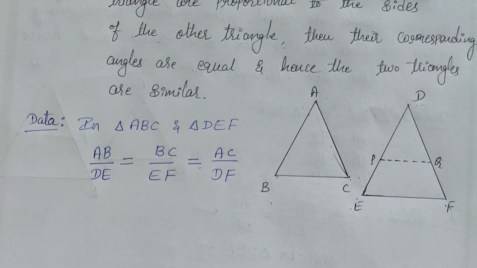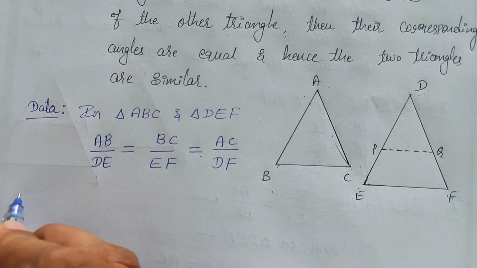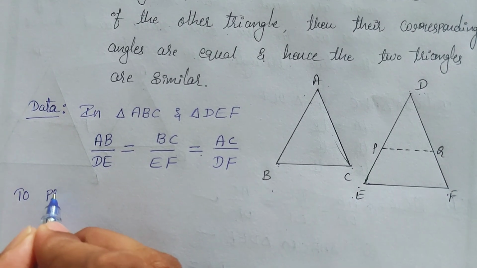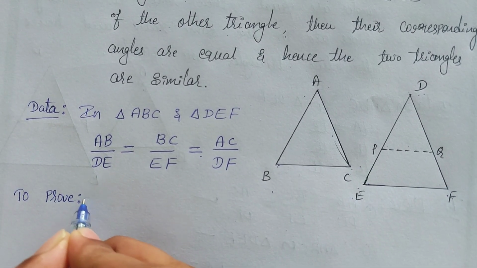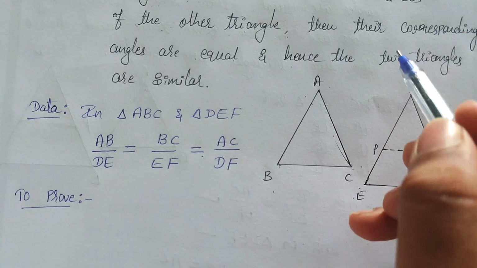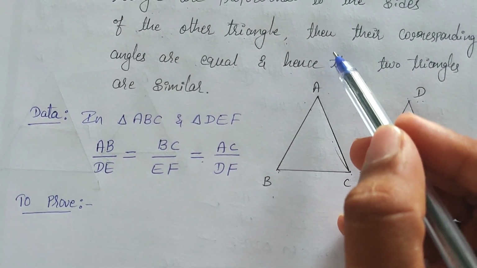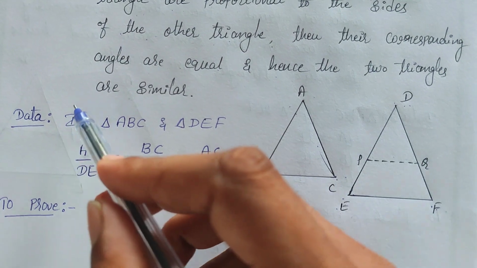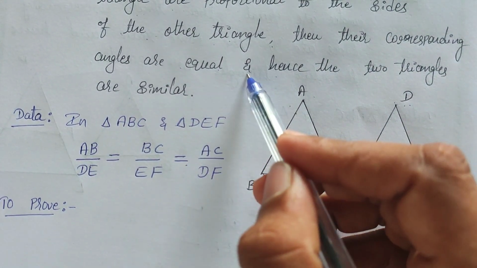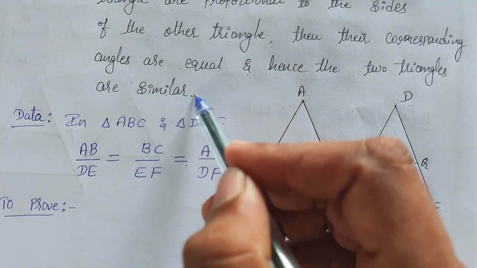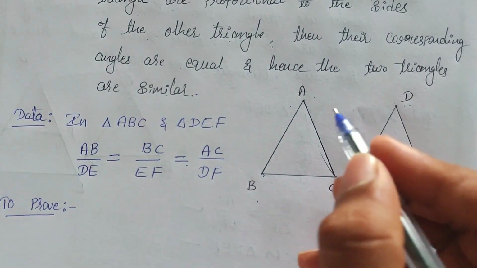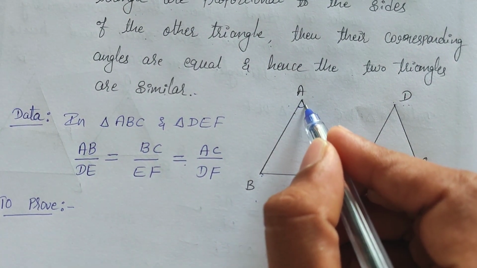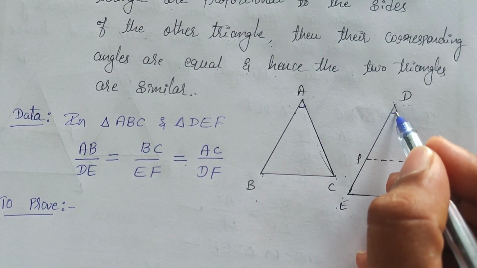And the next step is to prove. What we have to prove here is, continuing the statement, that their corresponding angles are equal and hence the two triangles are similar. Which means we need to prove that the corresponding angles are equal.